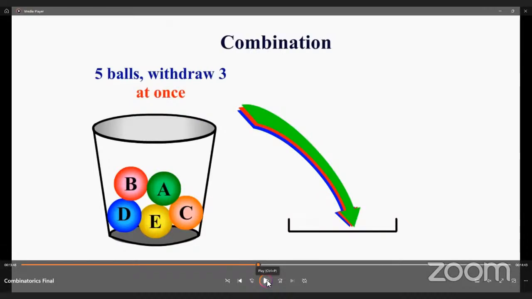Before, we withdrew one by one: we withdraw one, and then another one, and then another one. The first one we return, the second one without return. Now we withdraw 3 balls at once.